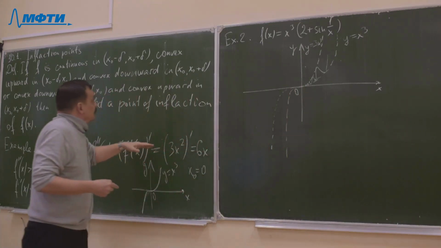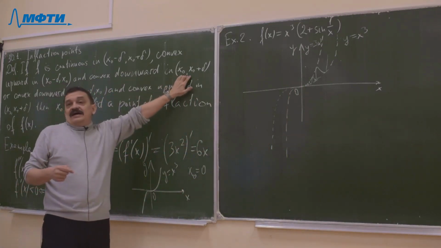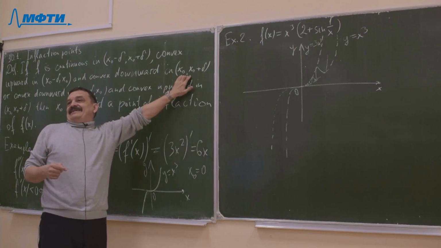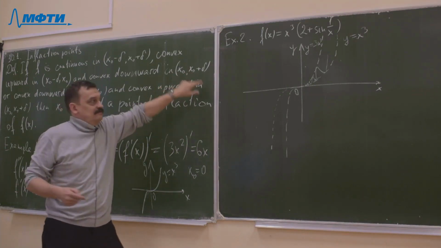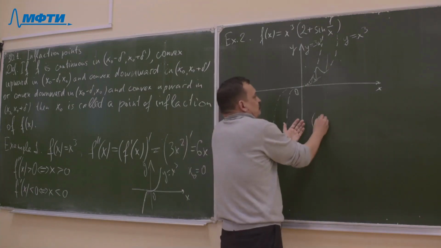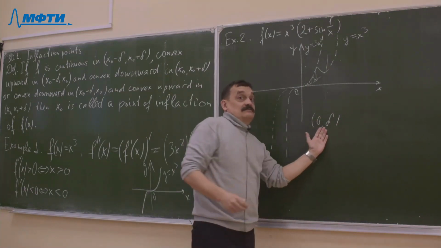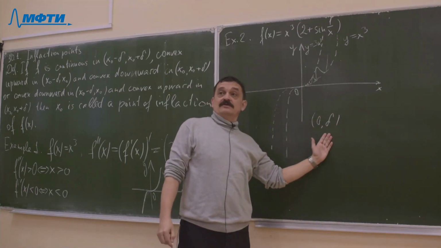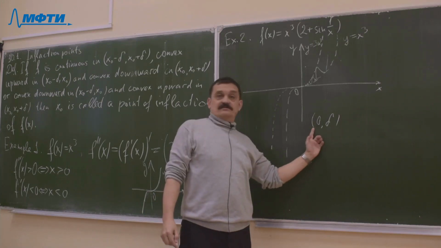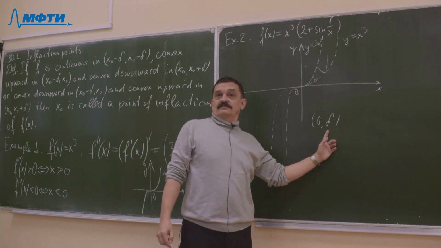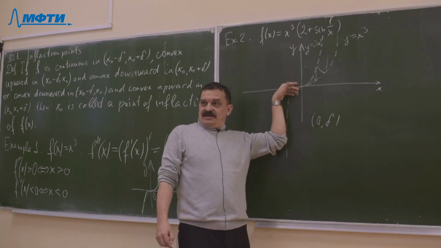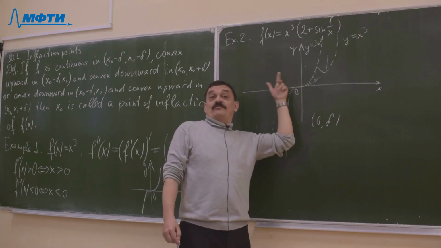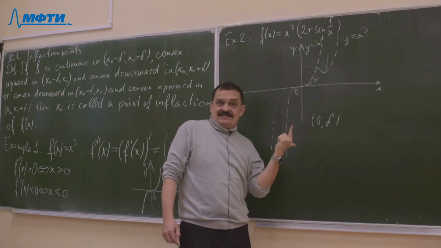But we are not able to find any delta such that there is an interval (0, delta). If you take an arbitrary small delta greater than 0, then inside this interval our function oscillates infinitely many times, and the direction of convexity also oscillates.